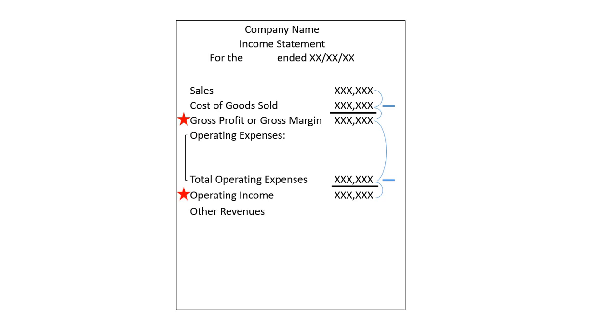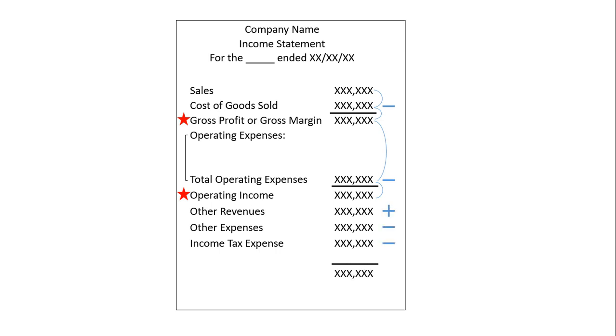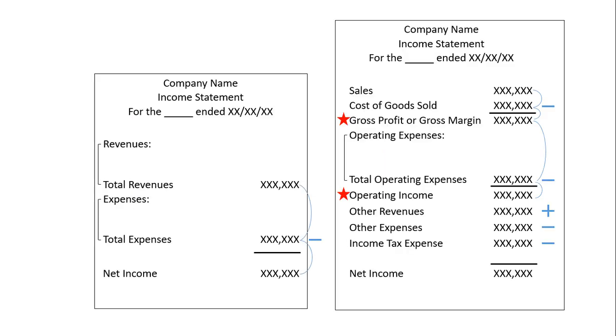Then we have a section for non-operating revenues and expenses, and a line for income tax expense and net income or net loss. Remember that whether we use a single-step or multi-step format, the income statement has all of our revenues and expenses for the accounting period, so both formats will still show the same net income or net loss at the bottom.